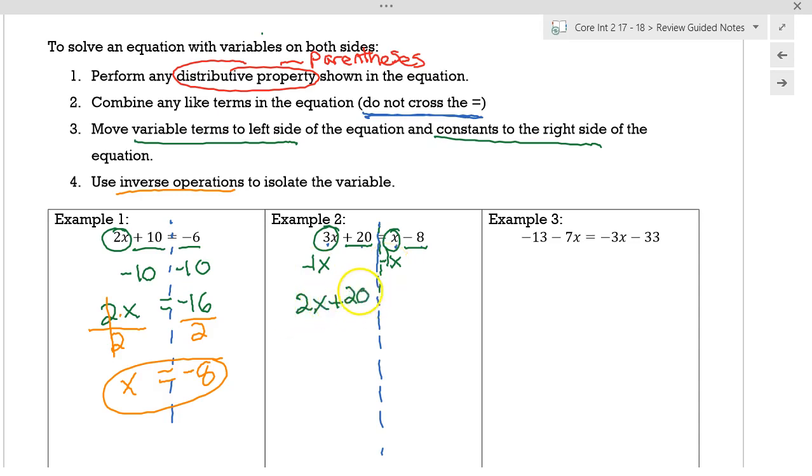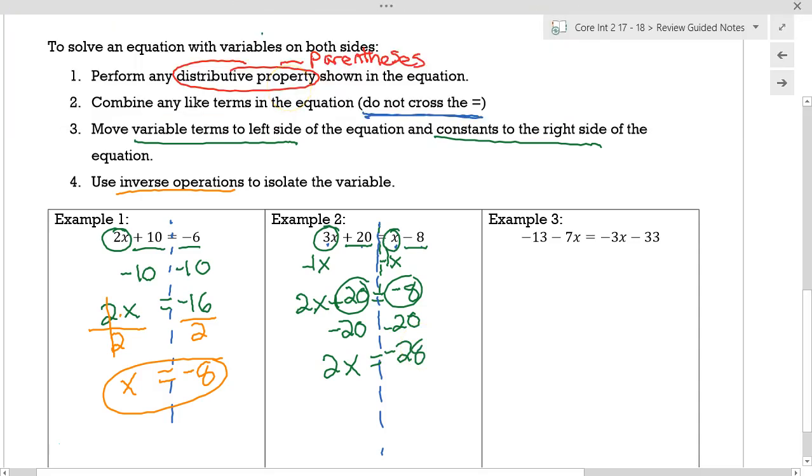Everything else just drops down, so 2x plus 20 equals, on this side I'll just be left with negative 8. Then constants to the right side. My only constant on the left side is this plus 20, so I'm going to subtract 20. I have 2x equals negative 8 minus 20, which is negative 28.